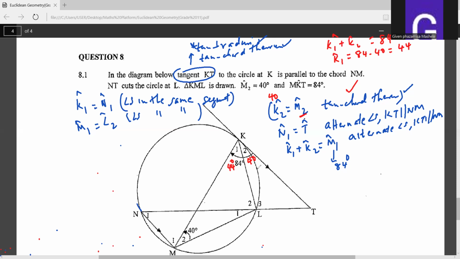And if K1 is 44, we know K1 and N1 are equal, so N1 is also 44 degrees. Reason: angles in the same segment. But again, K1 plus K2 is equal to M1, so M1 is 84 also.